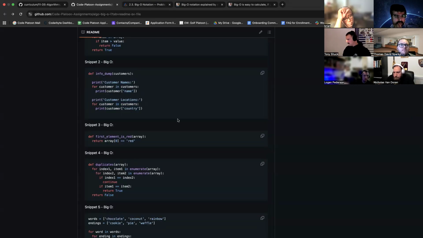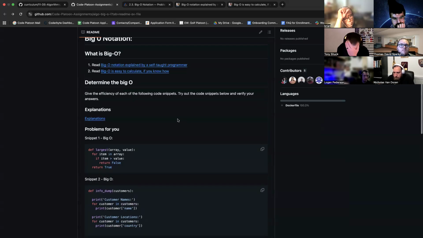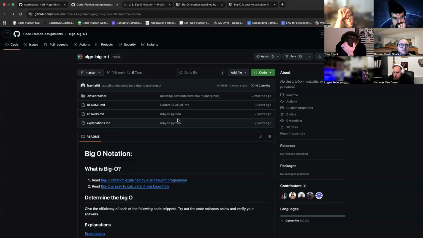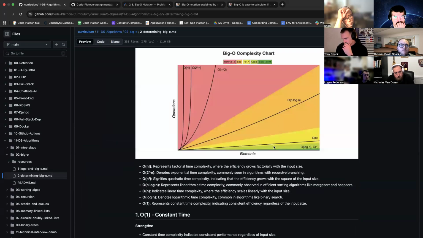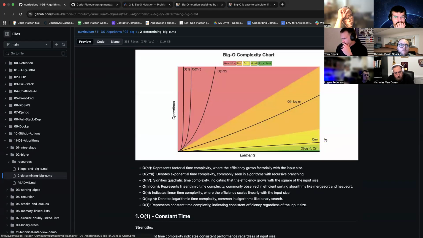Did I capture that? And so O of N is the most efficient? Am I interpreting that correctly? No, it's just middle of the road. O of N is right here. Well, O of one, constant time, is the most efficient.